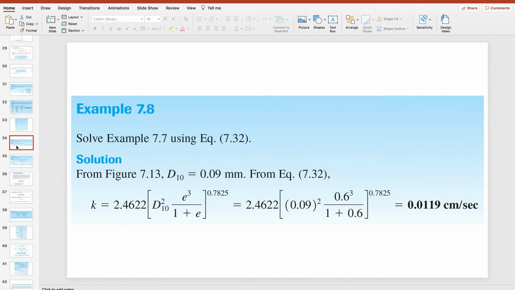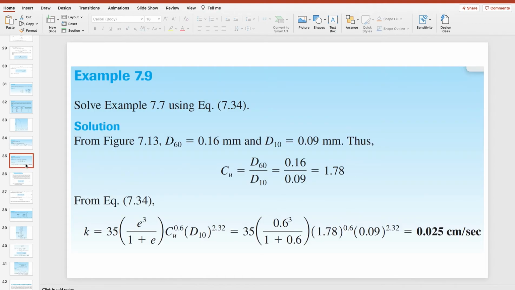So substituting 2.4622 times D10 of 0.09 squared times the void ratio of 0.6 cubed divided by 1 plus 0.6, quantity raised to 0.7825. Therefore, your K is 0.011 centimeter per second. I hope you are following along by solving these problems with calculators so you can follow better. Okay?